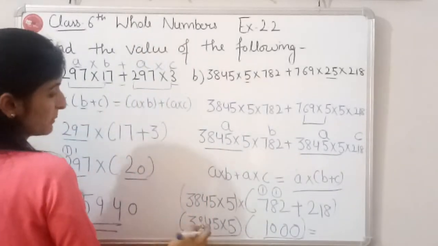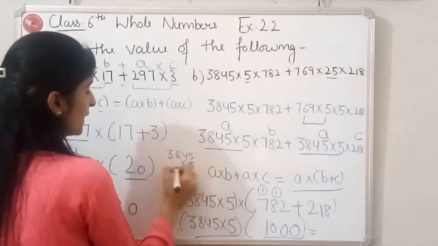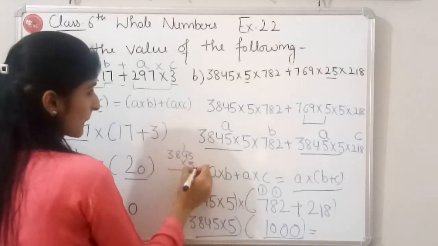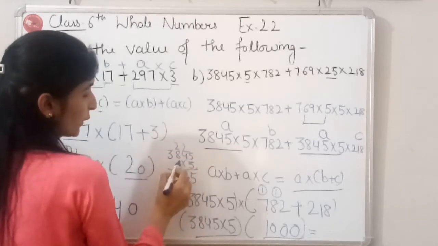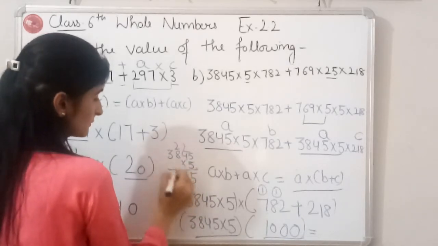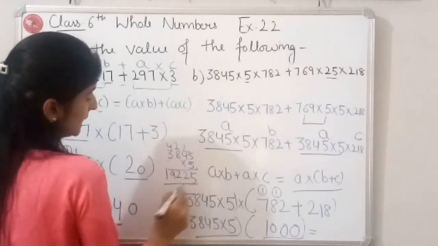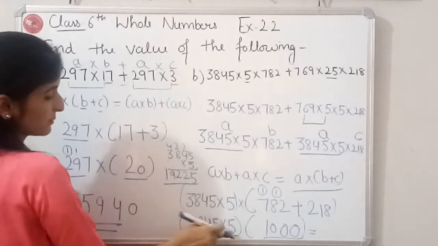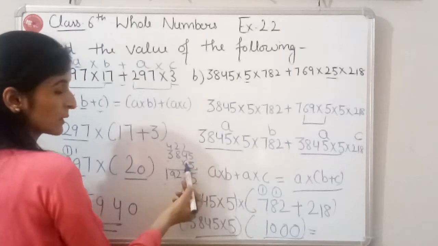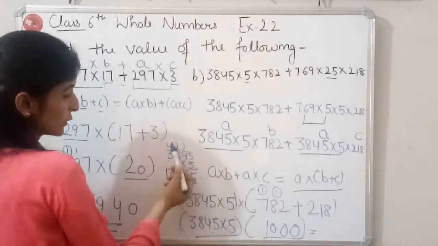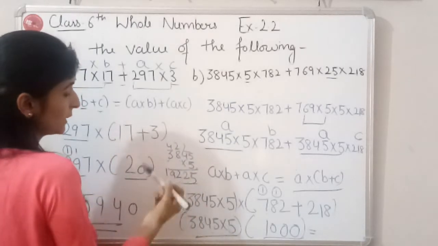Firstly, multiply 3845 by 5. 5 fives are 25, 5 fours are 20, 20 plus 2 is 22, 5 eights are 40, 40 plus 2 is 42, 5 threes are 15, 15 plus 4 is 19. What we have done: 5 fives are 25, 2 carry, 5 fours are 20 and 2, 22, 2 carry, 5 eights are 40 and 2, 42, 4 carry, 5 threes are 15, 15 and 4, 19.